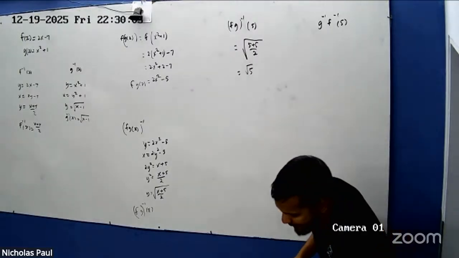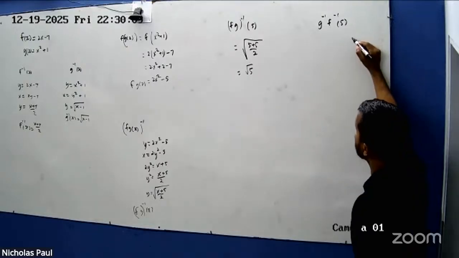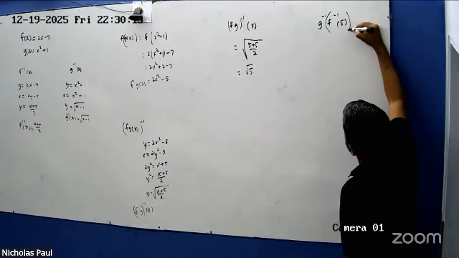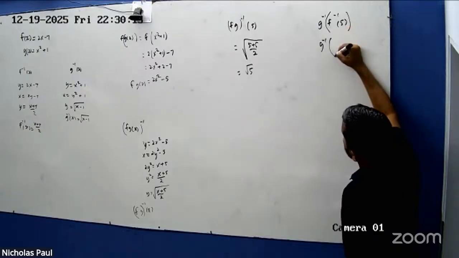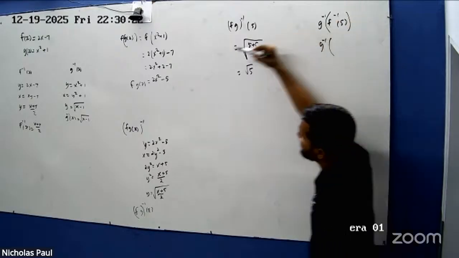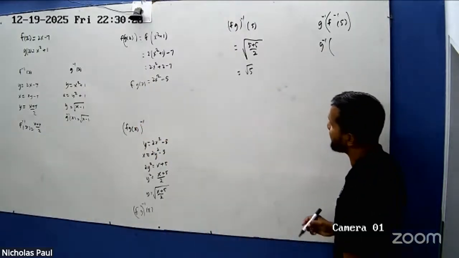Up until there should have been easy-ish. Here might be a little bit hard. But what you have to remember is put a little bracket here. This tells you that you need to find f inverse 5 first. So come back all the way here and find f inverse 5.